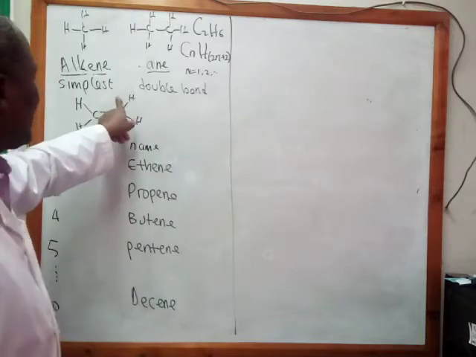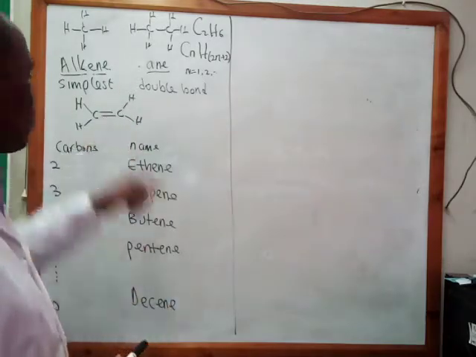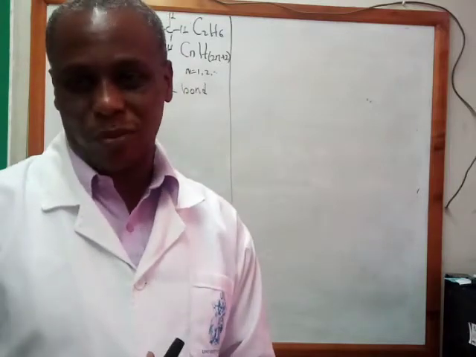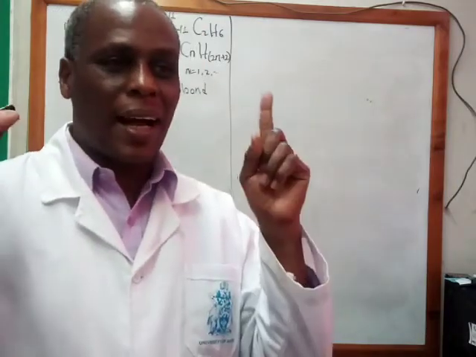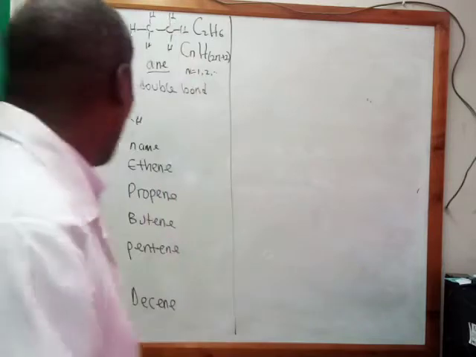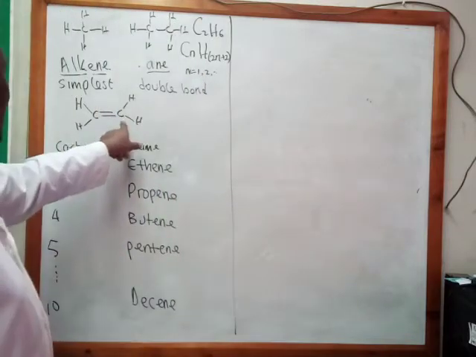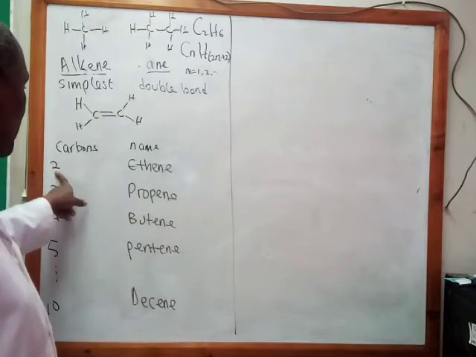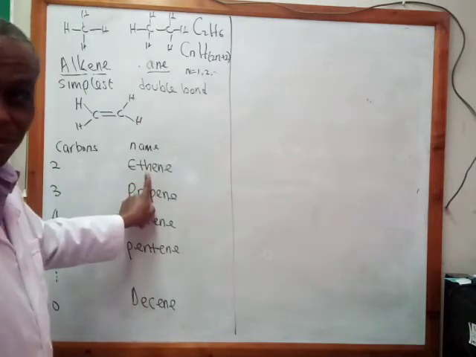So the simplest alkene has 2 carbon atoms. There is no alkene with 1 carbon atom. So as we're saying, the name is going to end with ene. So for 2 carbon atoms, the name will be called, can you see well?